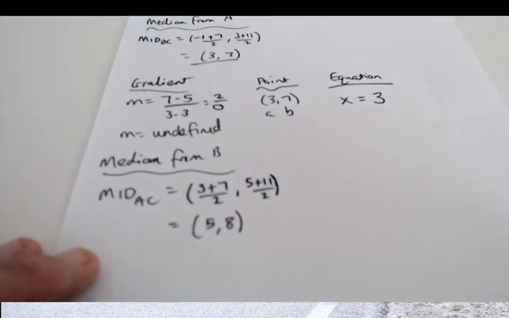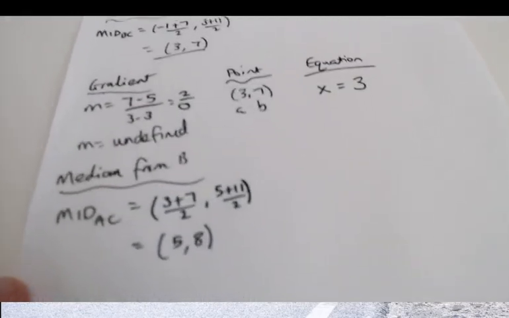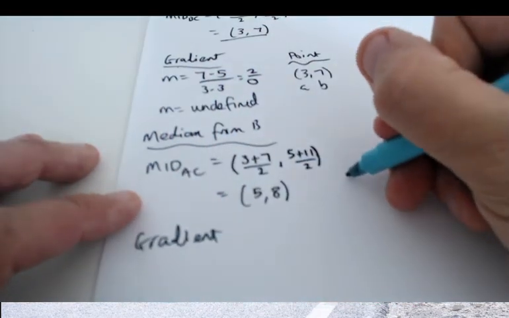So I've got my midpoint, and I'm also going to use point B as the other point for my gradient. I'll put B down here so you can see it.